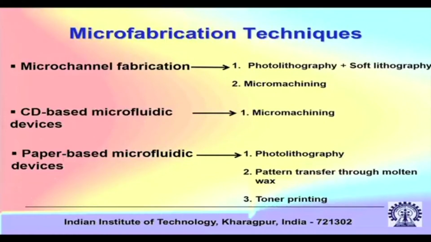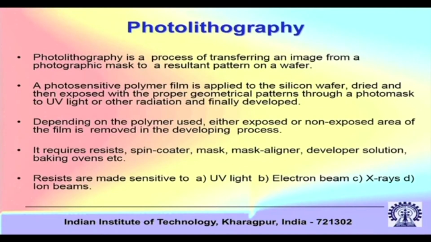Then micro machining on CD based microfluidic devices, which we discussed in the previous lecture, and paper based microfluidic devices: photolithography, pattern transfer through molten wax, and toner printing. These are some of the possibilities. We will start with photolithography.